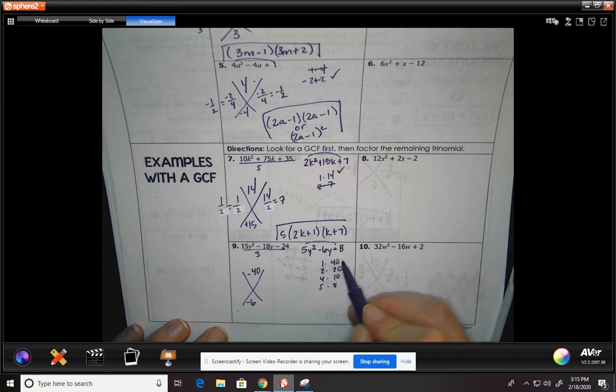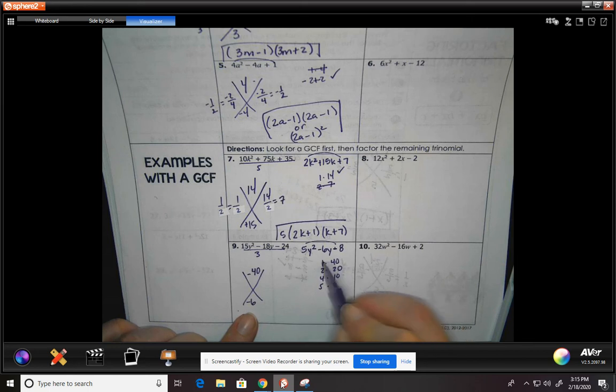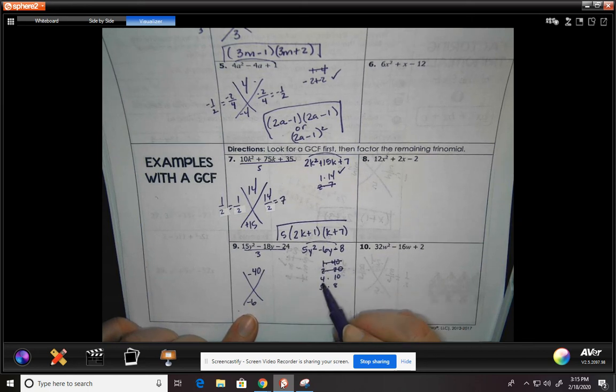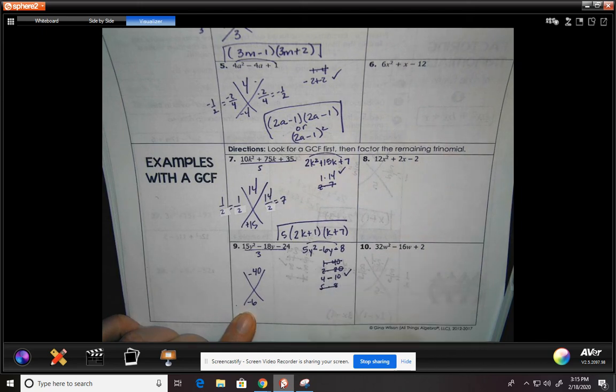This would add to 41, subtract to 39. This would add to 22, subtract to 18. This would add to 14, subtract to 6. This would add to 13, subtract to 3. Okay, so to get this to subtract to a -6, we're going to have to do 4 minus 10, because I need that big number to be negative.